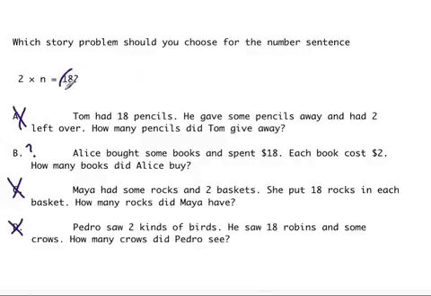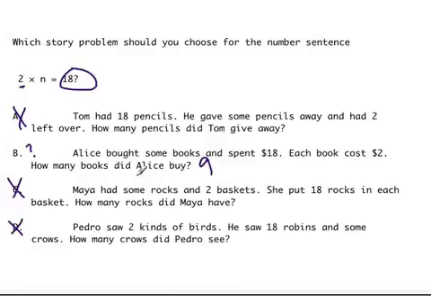Okay, so here's my total of 18. Each book cost $2. That would be how much each book is. Would $2 times how many books equal 18? Yeah, that works. And if you said to yourself the answer is 9, you got it correct. 9 is the correct answer.